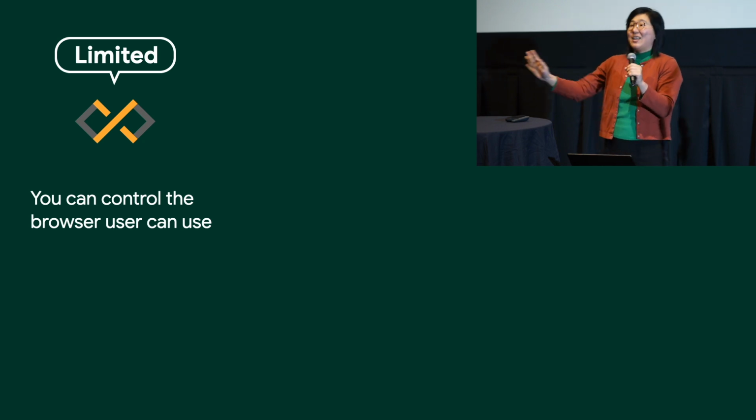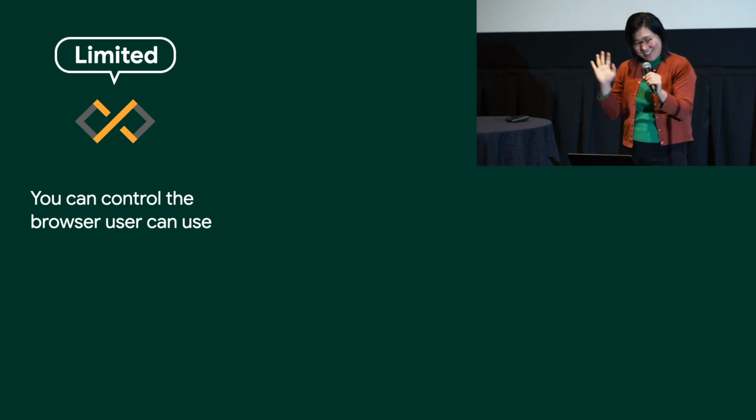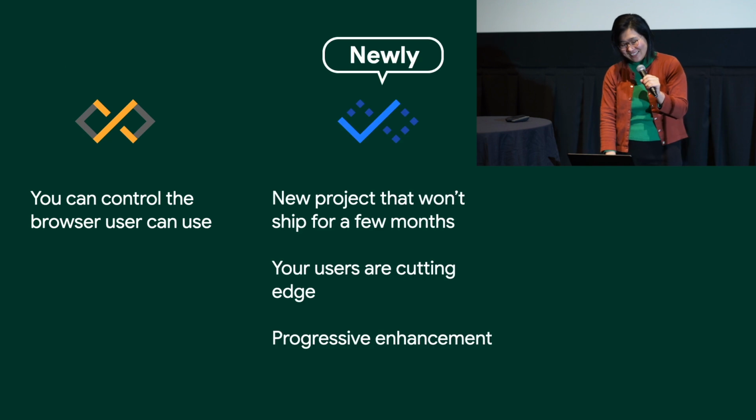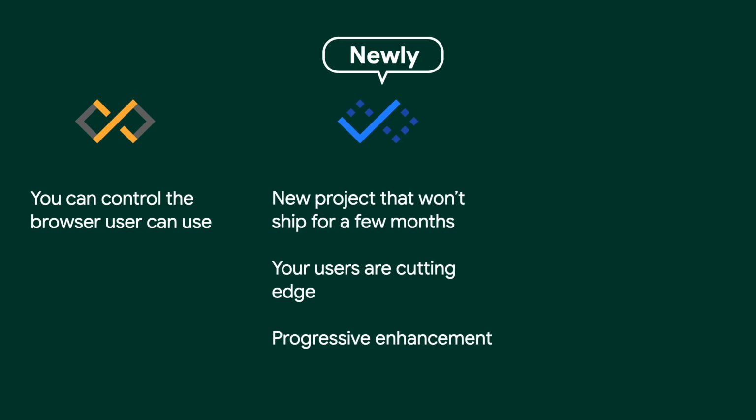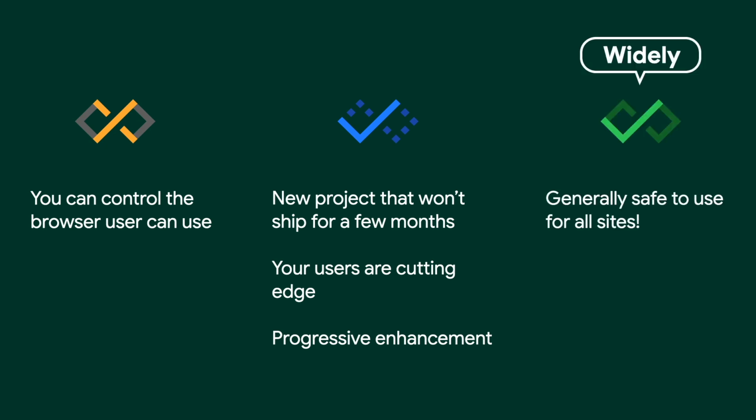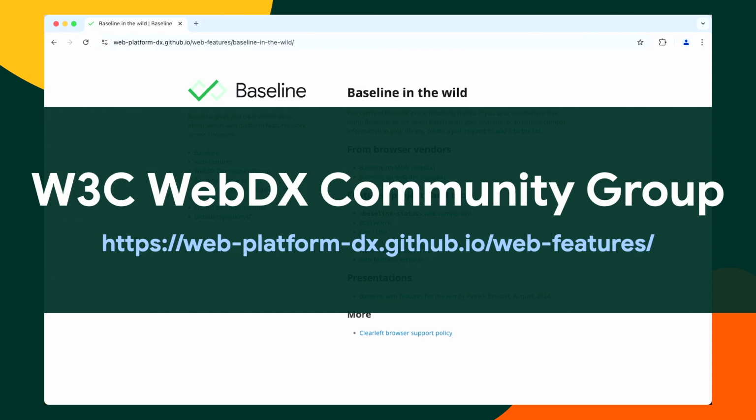Lucky you if you're in that situation. Do whatever you need to do. And newly available, as I mentioned, if your users tend to update the browser frequently or are more cutting edge, or if a feature is a progressive enhancement, then you can use newly available. And widely available is generally safe to use for all sites. So that's the mental division of the three versions of Baseline.